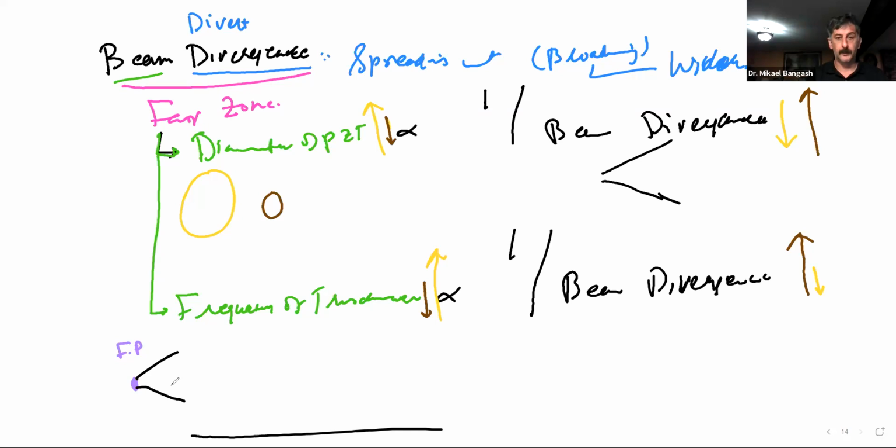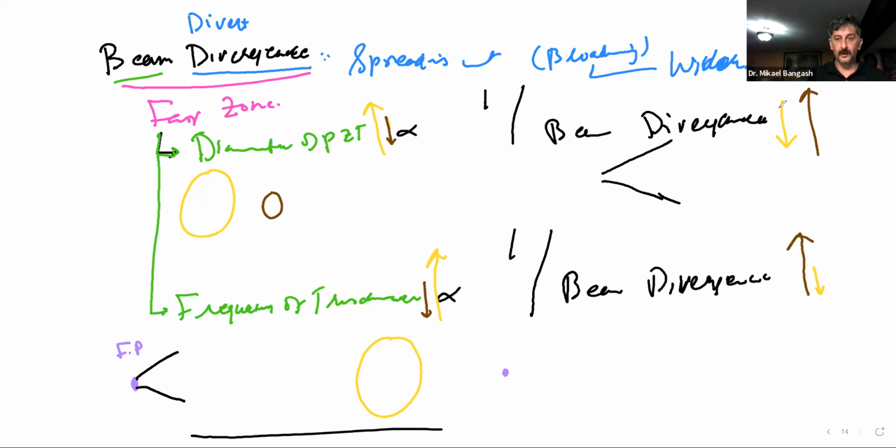Now this degree of divergence is inversely proportional to the diameter of the PCT. So we can say that if we had a transducer with a great PCT diameter, and if this was the focal point, what is it that we said?